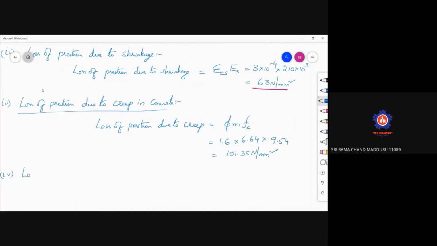Fourth one is loss of pre-stress due to relaxation. So you can see that the relaxation loss is given in the question: the relaxation of stress in steel. Just make a correction of it. Relaxation of stress in steel is equal to 4% of initial stress.